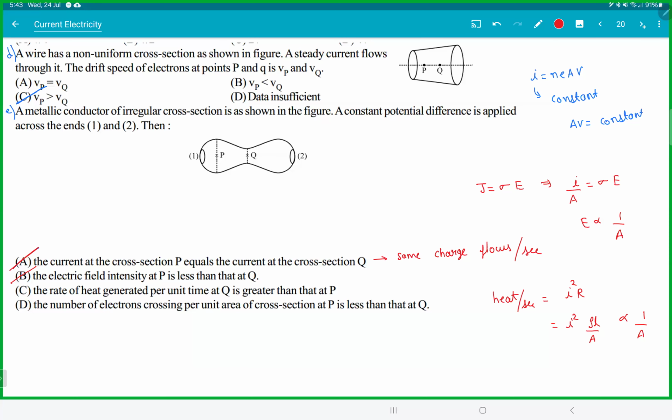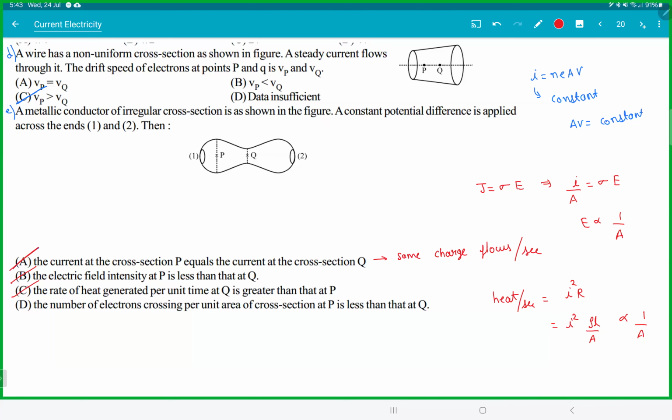Getting it? So it will produce more heat. So Q is also right. And this is one of the reasons actually. What happens, when the wire becomes thin, at that spot you produce more heat, so it gets heated up more, so it melts more. Eventually it becomes more thin and it finally breaks. So it becomes a cycle. The thing kills itself.